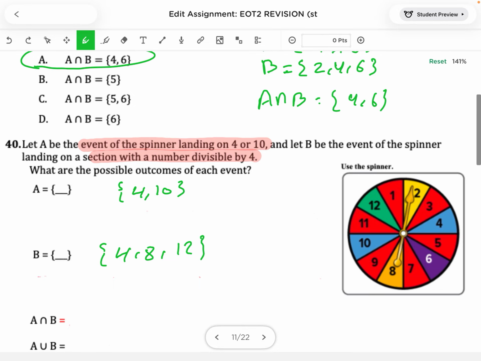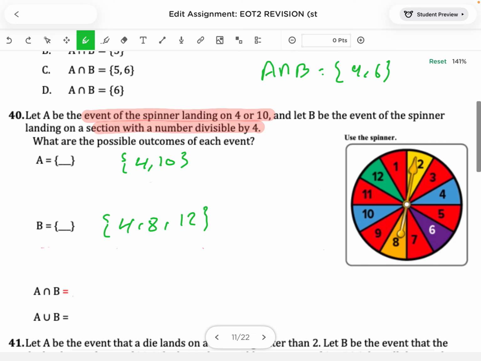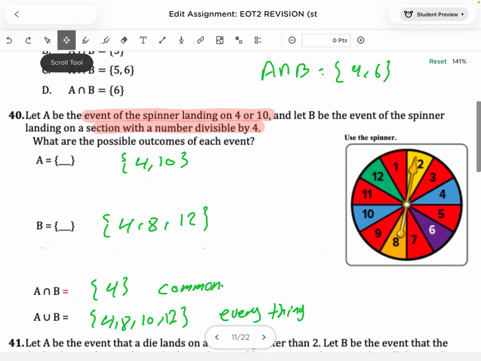We need A intersection B, so we need the common, which is 4. Union, which means we need everything. 4, 8, 10, and 12. Okay, next.